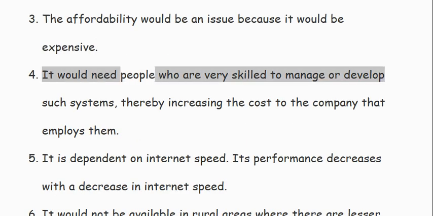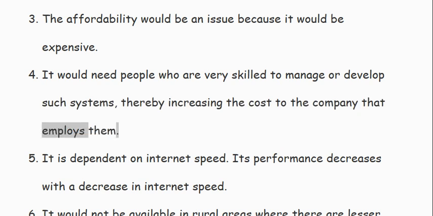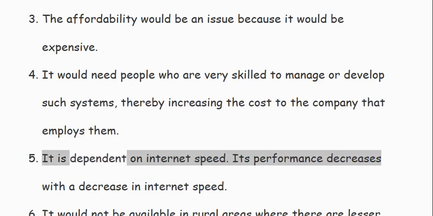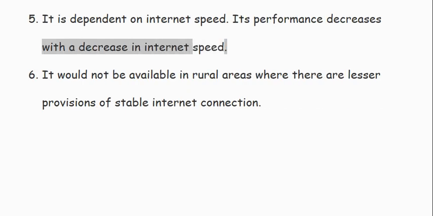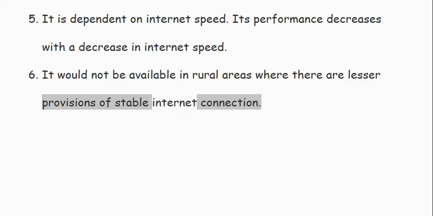It would need people who are very skilled to manage or develop such systems, thereby increasing the cost to the company that employs them. It is dependent on internet speed. Its performance decreases with a decrease in internet speed. It would not be available in rural areas where there are fewer provisions of stable internet connection.